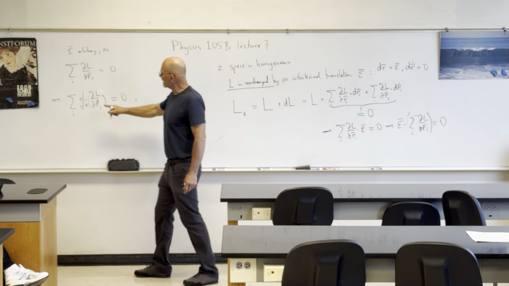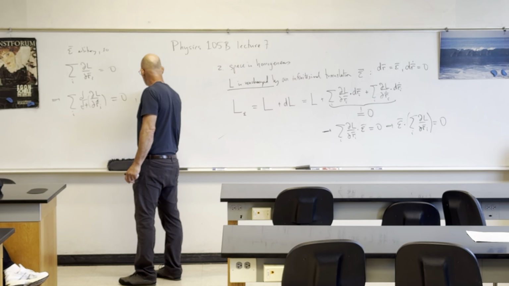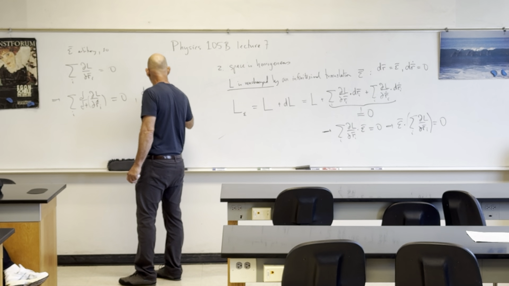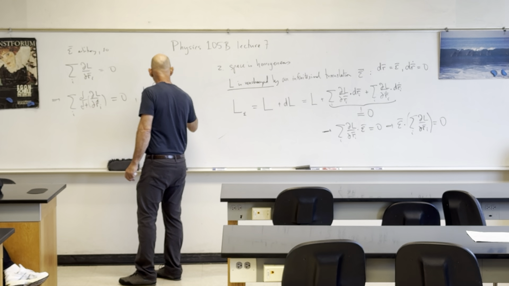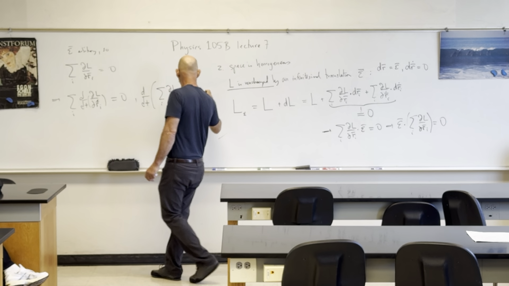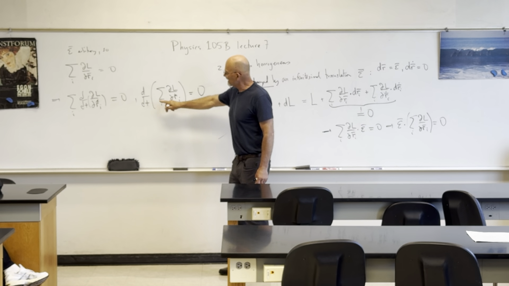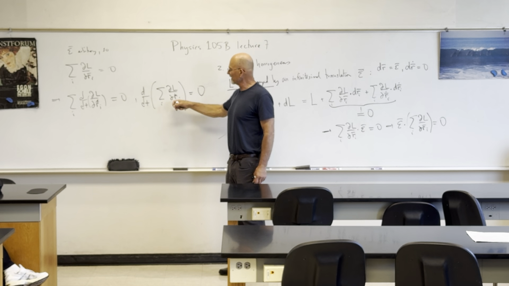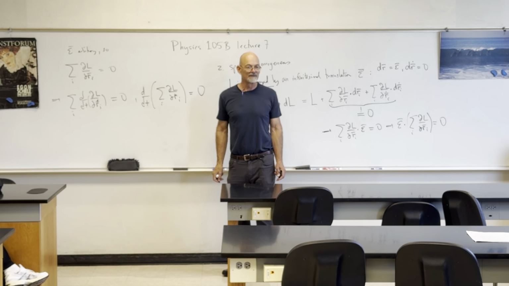Now I can pull the complete time derivative outside of the sum: d/dt of the sum of partial L partial r_i dot equals 0. You guys know a complete time derivative of something vanishing means the thing is a constant.